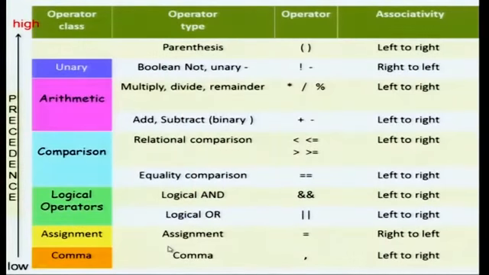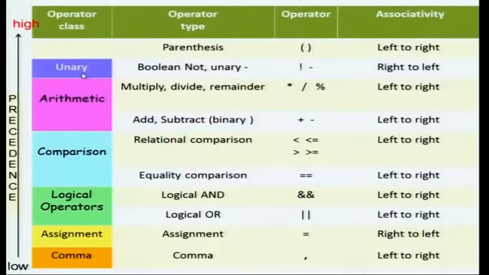Let us take a look at the precedence or associativity table. Again, I want to emphasize, it is not to memorize, it is just that if you are given this table, you should be able to understand how an expression is going to be evaluated. Parenthesis is above all, because once you parenthesize an expression, you are really saying this is the order that I want. So, it overrides any other precedence or associativity rule. Then you have the unary operations, which have the second highest precedence, then the arithmetic operations, then the comparison operations, logical operators, assignment, and so on.